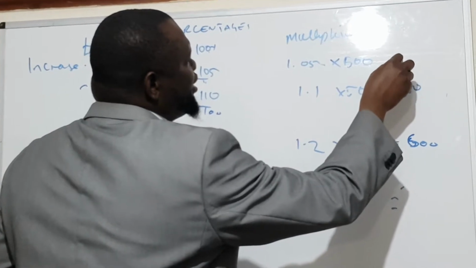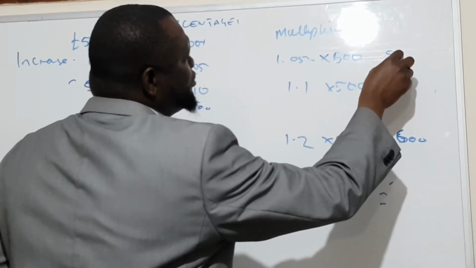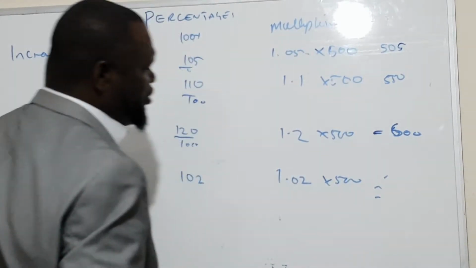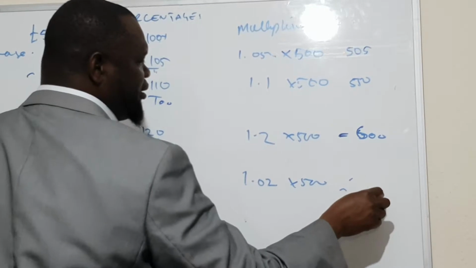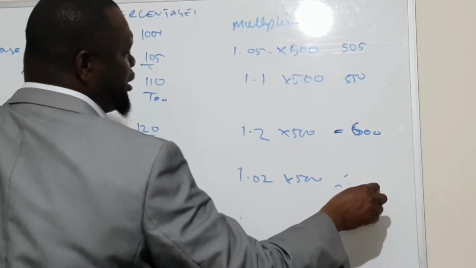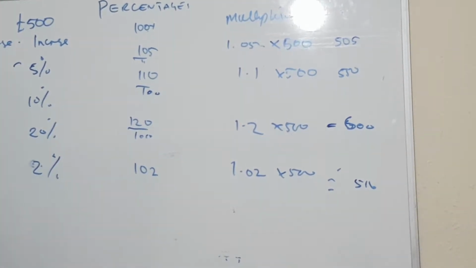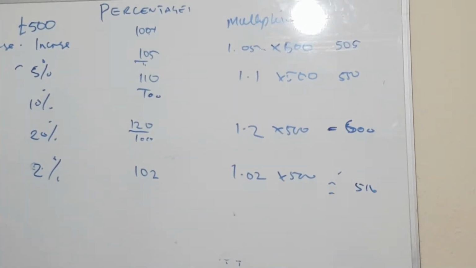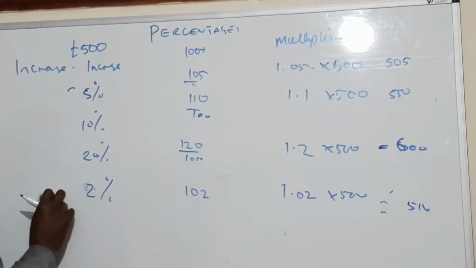This is 500. And 5, 505, yes? This is 510. Something like 510, yes. When you multiply, we have to use a calculator for that one, yes?